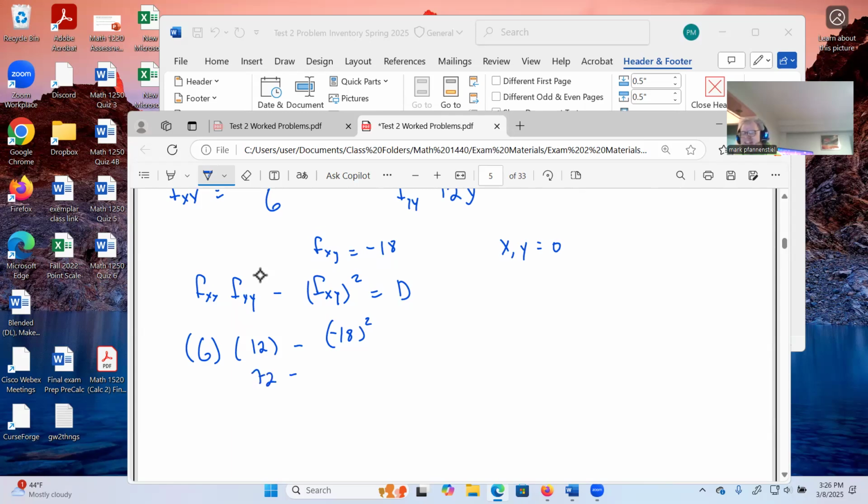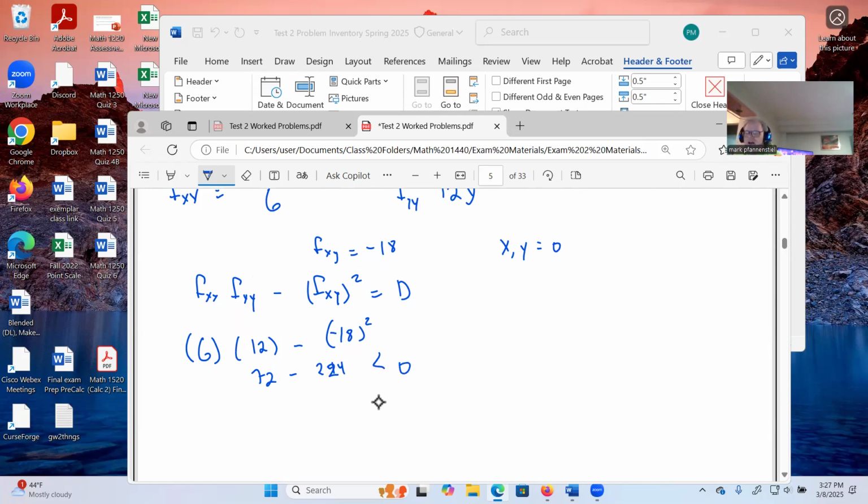And 18 squared, that's 324. That sounds about right. 72 minus 324 is going to be less than zero. So we know that one of the values is less than zero.